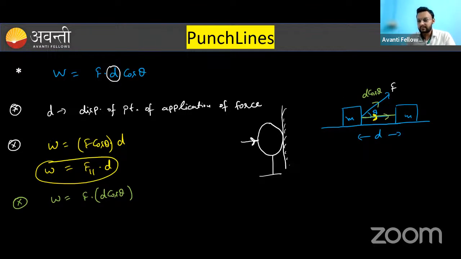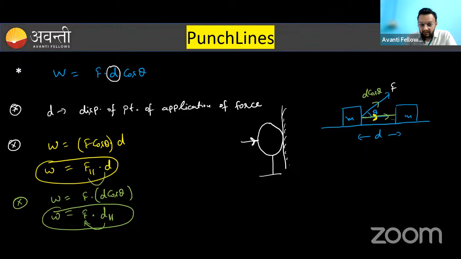So if this is the displacement d, d cos theta will be this one. So can you say that force into d cos theta is the parallel component of displacement? So you can also write it as force into d parallel. Parallel means displacement parallel to the force.